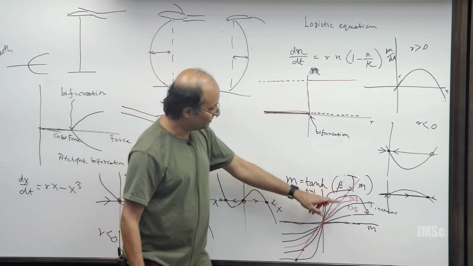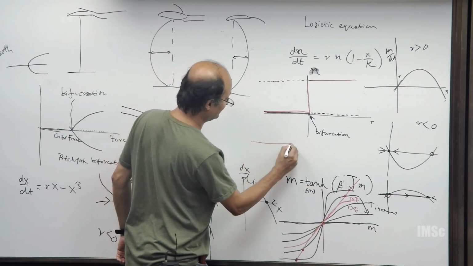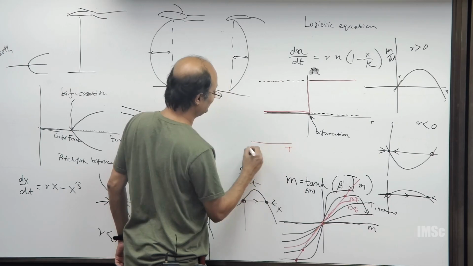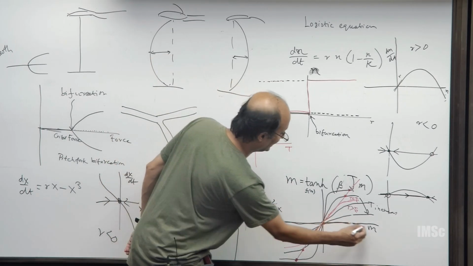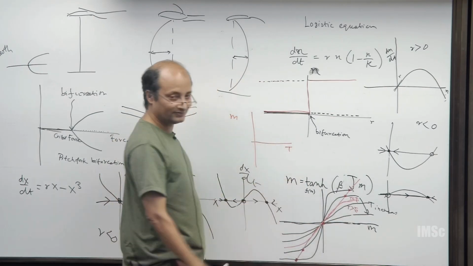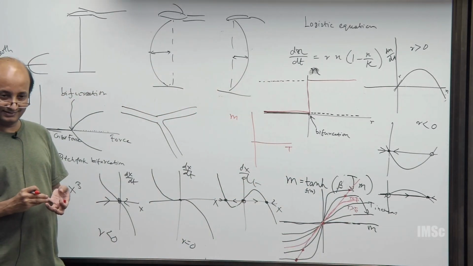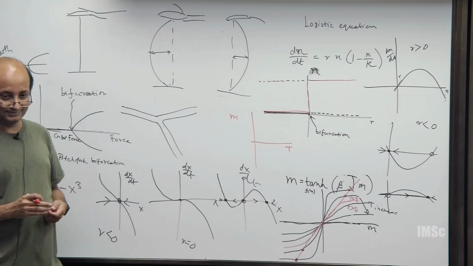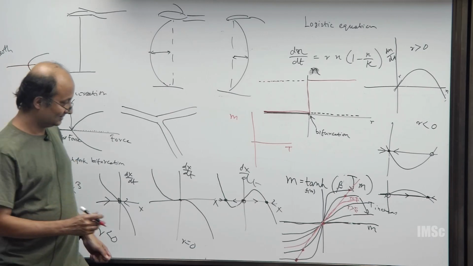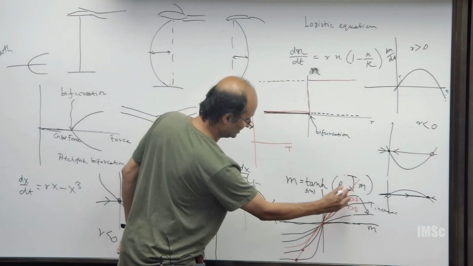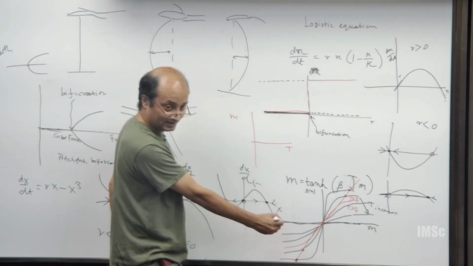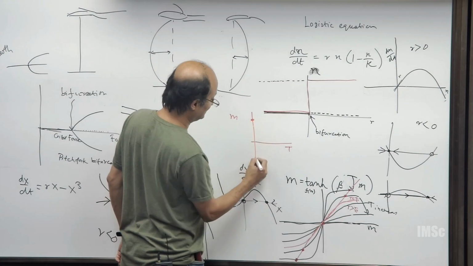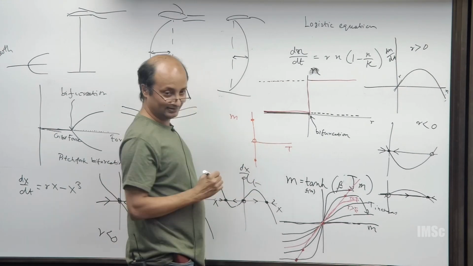So if you plot m as a function of T, what will you get? At very high values you will get some solution here and the symmetrical solution here, and this is the unstable part, right.